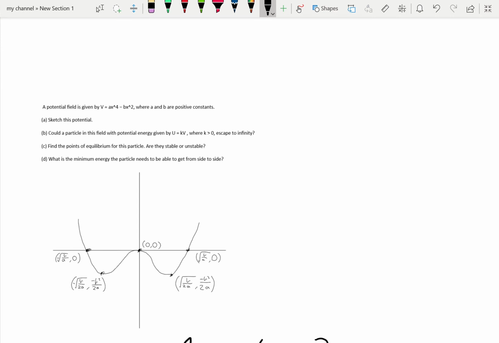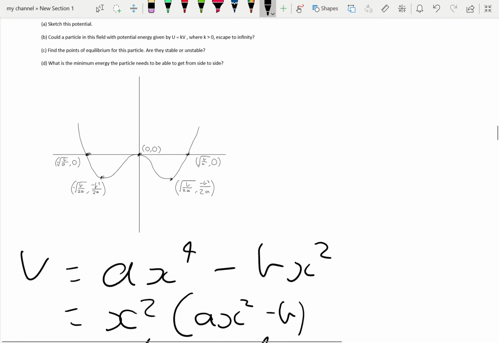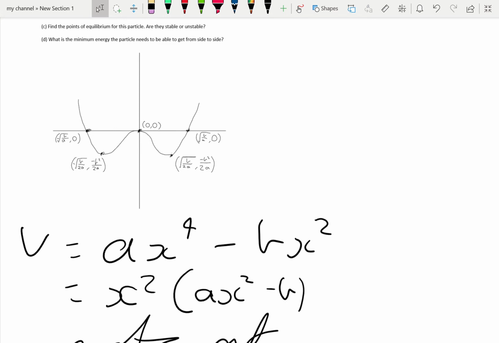It still wouldn't be able to escape this field, because the field could always produce a potential larger than the energy of the particle. So no, the particle could not escape to infinity in any way. It would always be brought back when all its initial energy is turned into potential energy, and it'll start rolling back down this potential slope.